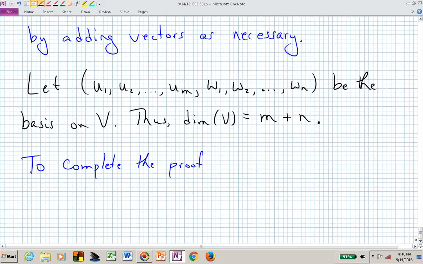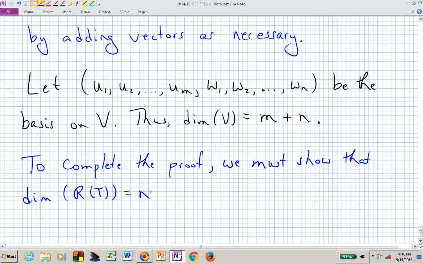We now, to complete the proof, we must show that the dimension of the range of T is n, where the range of T is a subspace of W.